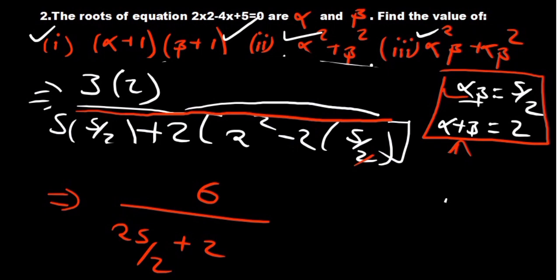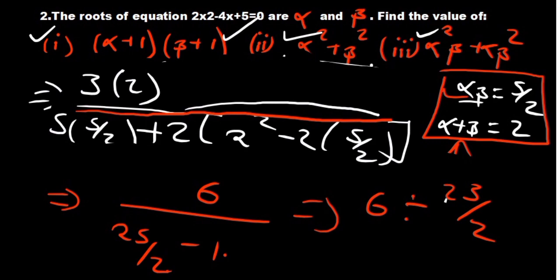So I can just indicate that. So 25 over 2 minus 2. 2 times 1 is 2. 25 minus 2 is 23. So we can now exchange that, cross and multiply, it will be 6 by 2, which is going to be a 12 over 23. And that is our value for the last part of the question.